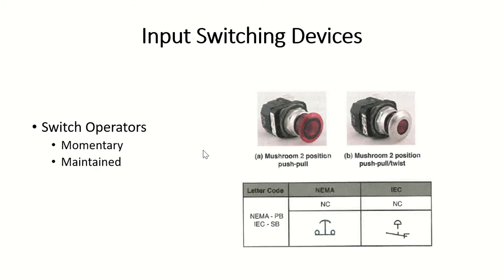Input switching devices can come in 2 states, momentary and maintained. What that means is, in a momentary switch, when I, the human operator, press that switch, the contacts change while I'm pressing that button down and go back into their original state, which would be open, after I release it.